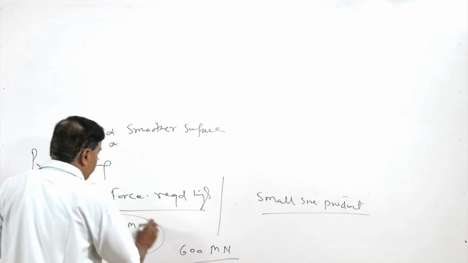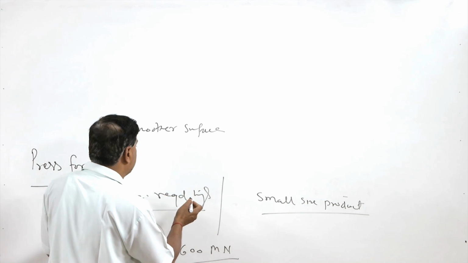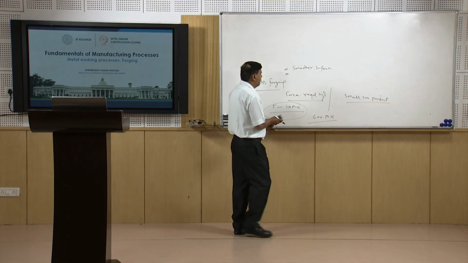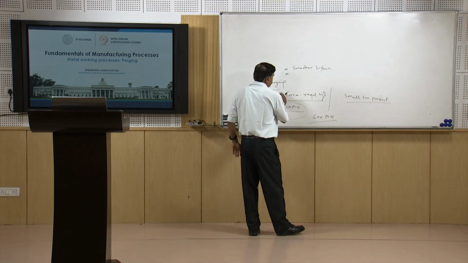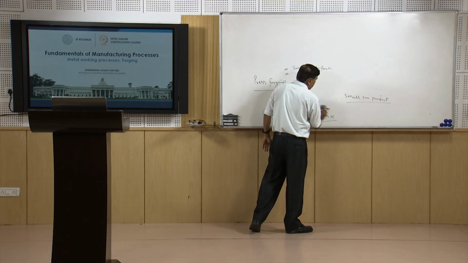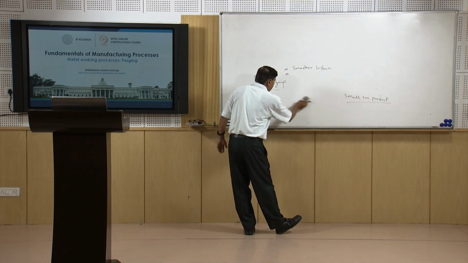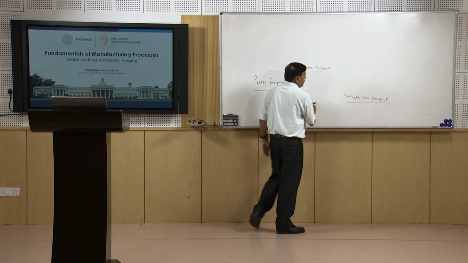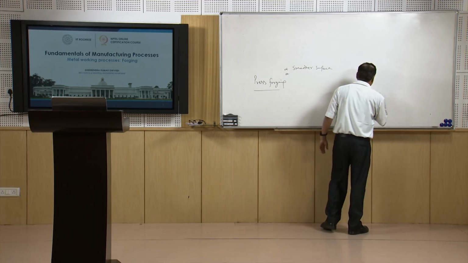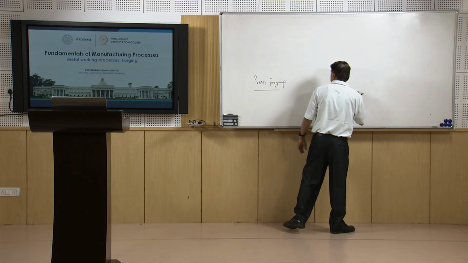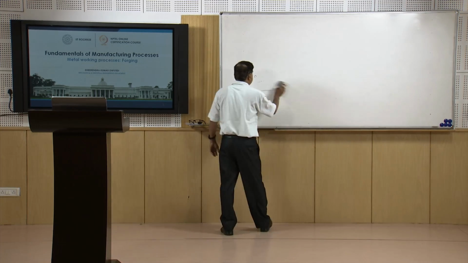So it is the capacity that limits the size of the job which can be handled by press forging, because very large press capacities are required for large size jobs. Therefore, press forging is limited to small size products.